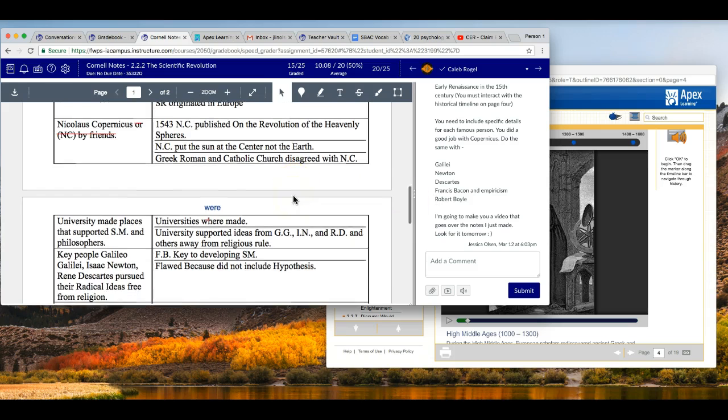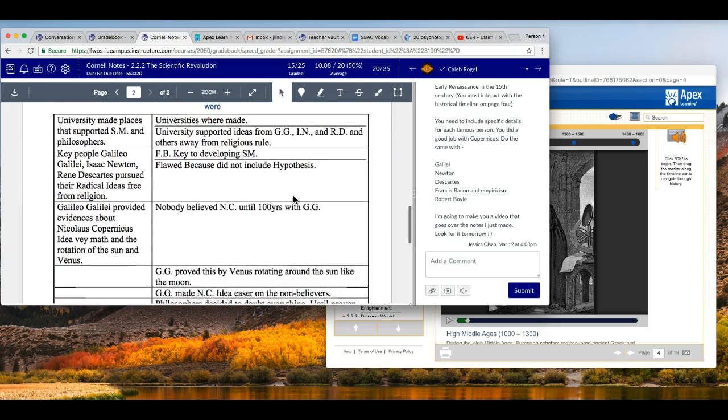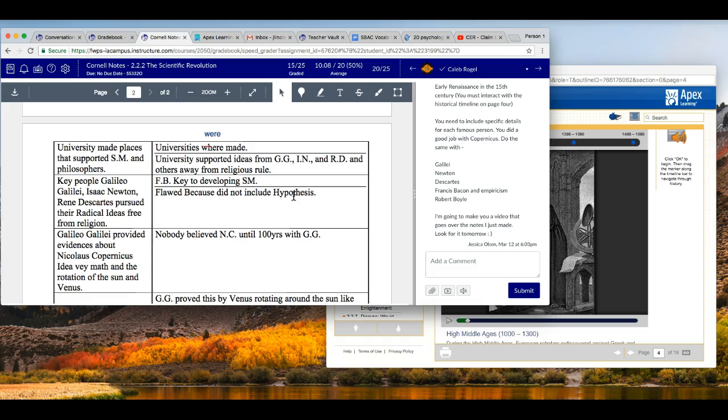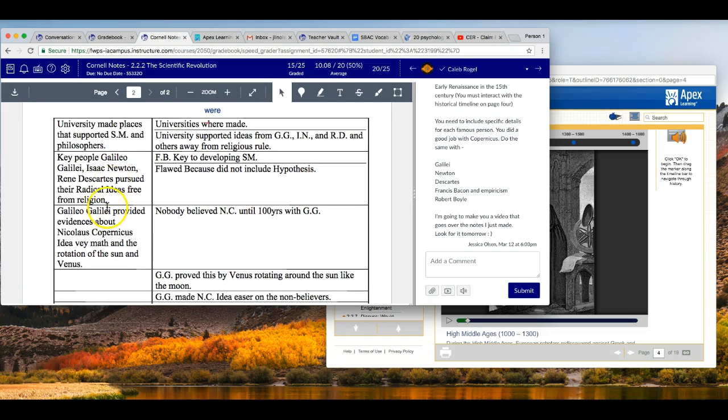Okay, so you've got a really great start. You are definitely understanding how to do the Cornell notes. I just want to encourage you to write less in the left column and a little bit more in the right column. For example, at the bottom of these notes here, you can just use the word Galileo and put these details here in the right column.